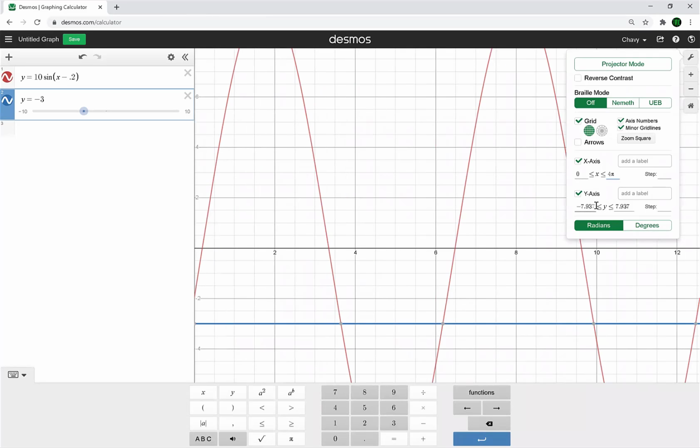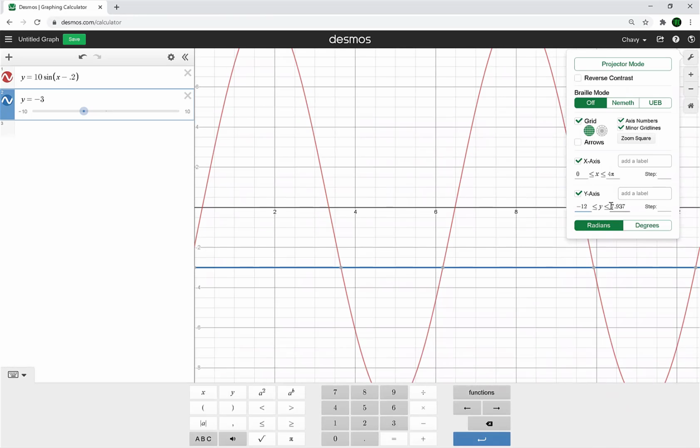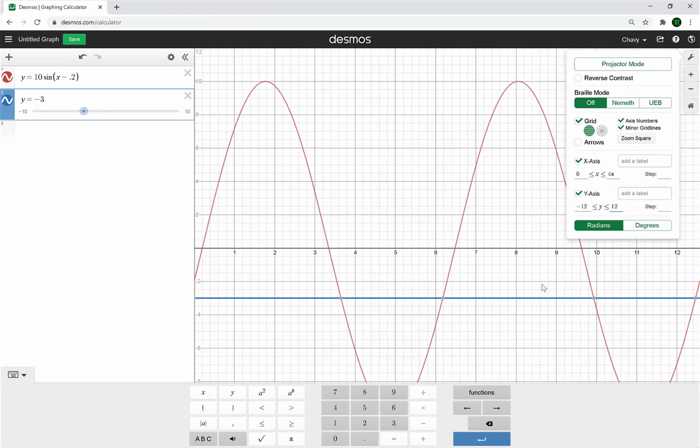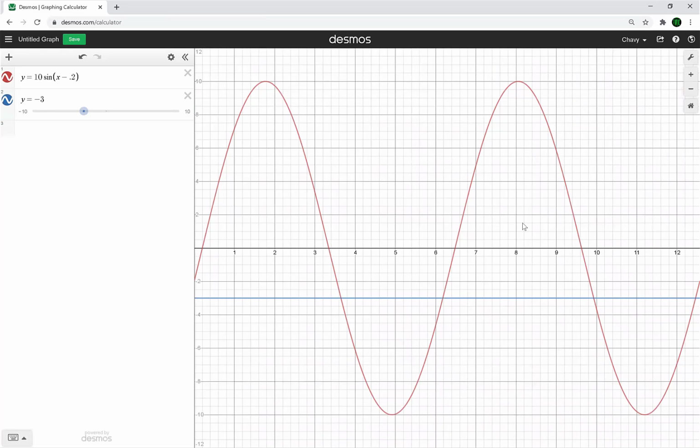And since I just care about -3, if you want to see the whole graph, you can go -12 to, you can almost see it, I guess, to 12. And there it is, guys. And check it out. I have 1, 2, 3, 4 intersections. So I have 4 numbers. Let's see what those 4 numbers are. You just click with a mouse.